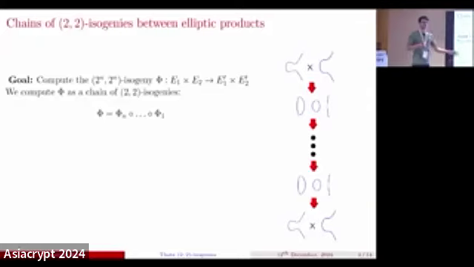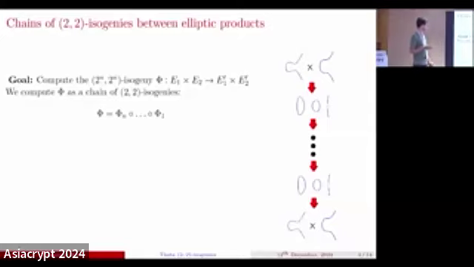In this paper, we make the assumption that all the abelian surfaces that you are going to encounter along this path of (2,2)-isogenies are just Jacobians of genus 2 curves. This is not restrictive, because for the applications that we had in mind, we just wanted to consider the isogenies which are relevant for isogeny-based cryptography.